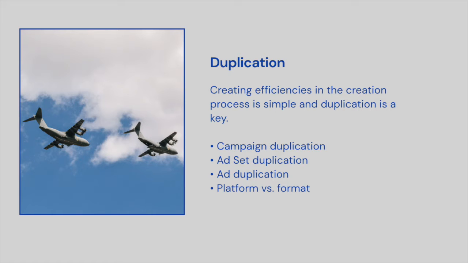So for example, if I created an ad set for Facebook on mobile devices, for website lookalike audiences, and it was targeting women between the ages of 18 to 30, and I wanted to do all of those same things, but now I want to put it on Instagram mobile, doing the ad set duplication process is super, super simple here. You're going to duplicate it, and then all you have to do is change your placement to Instagram mobile.